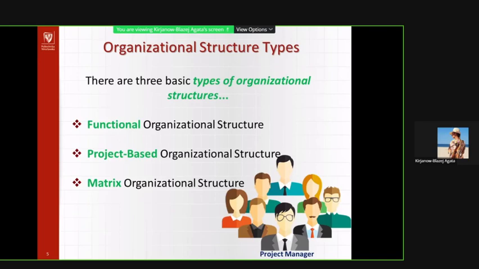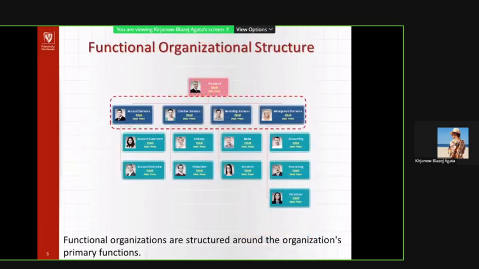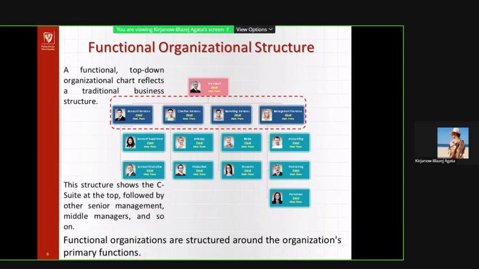Now a few words about the functional organizational structure. A functional top-down organizational chart reflects a traditional business structure. The structure shows the C-suite at the top, followed by other senior management, middle managers, and so on.